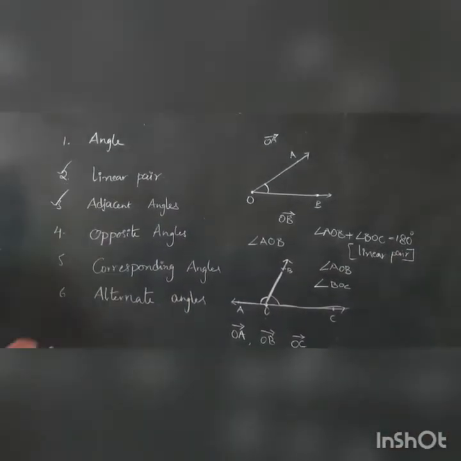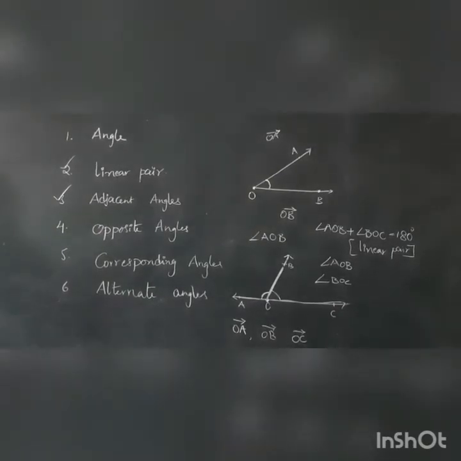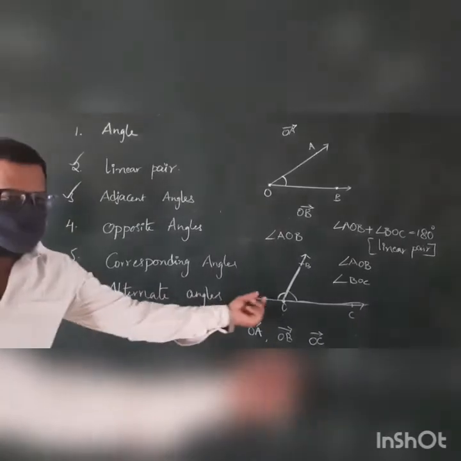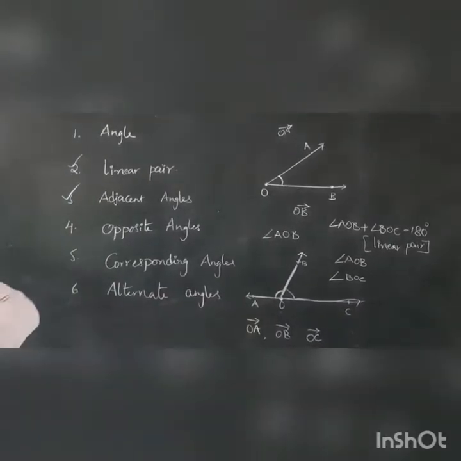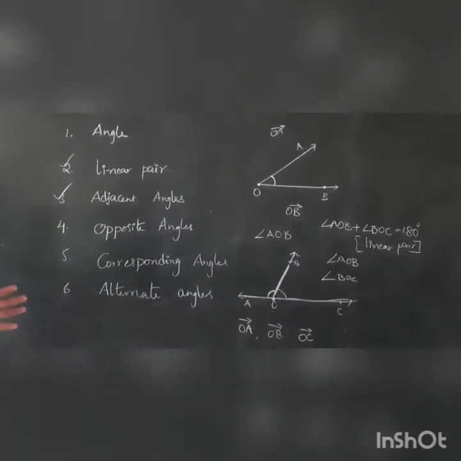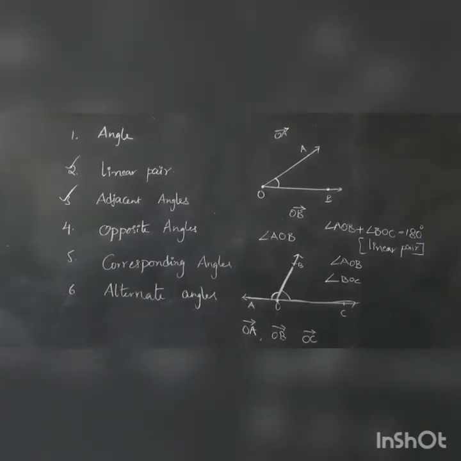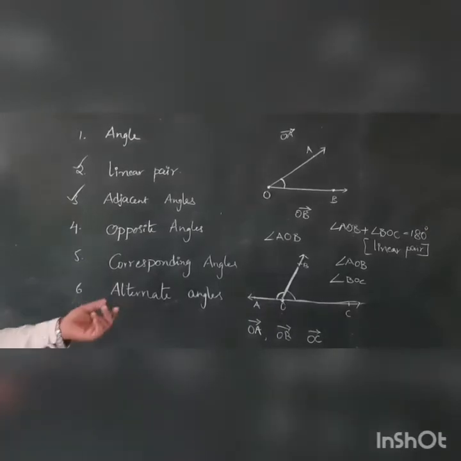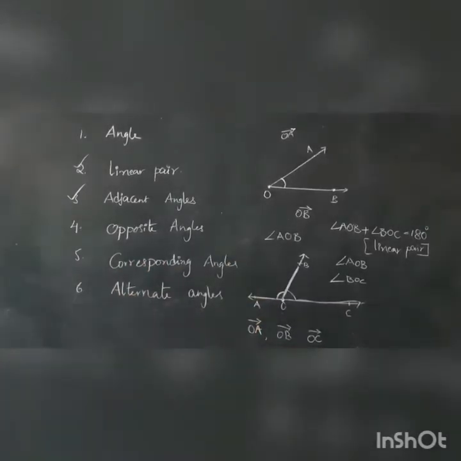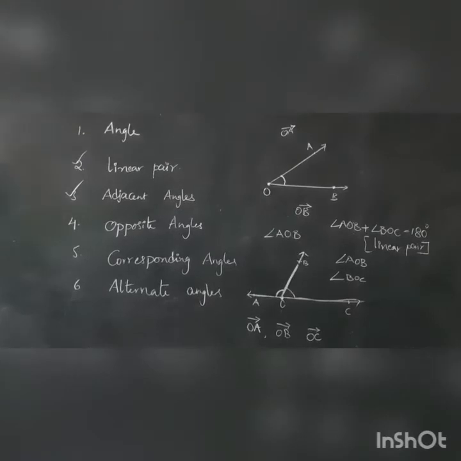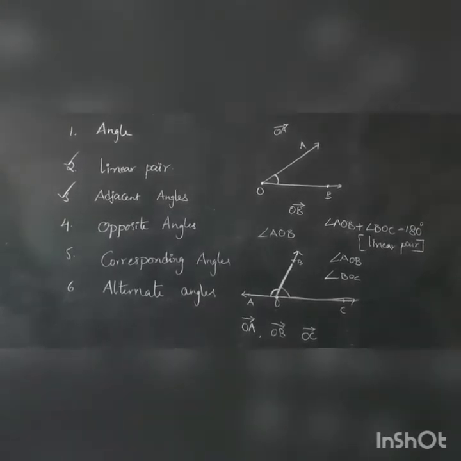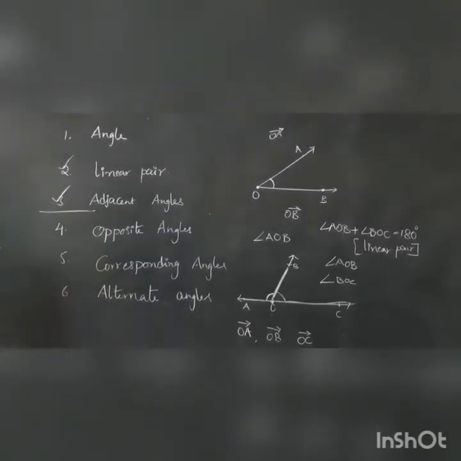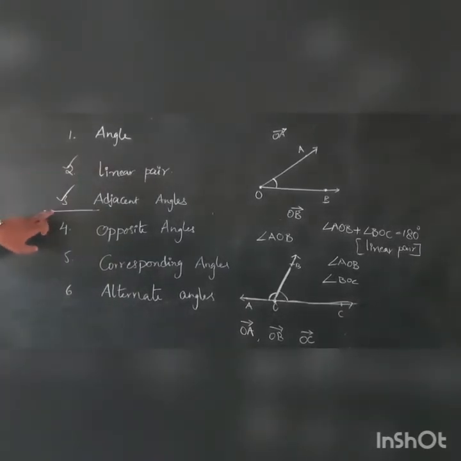So linear plane means two adjacent angles whose sum is 180 degrees. What is meant by adjacent angles then? Adjacent angles doesn't mean that the sum should be 180, but they lie side by side. If the angles lie side by side, then we call them adjacent angles. If the side by side angles have a sum of 180, then we call them a linear plane. Okay? Hope you all understood angle, linear plane, adjacent angle.